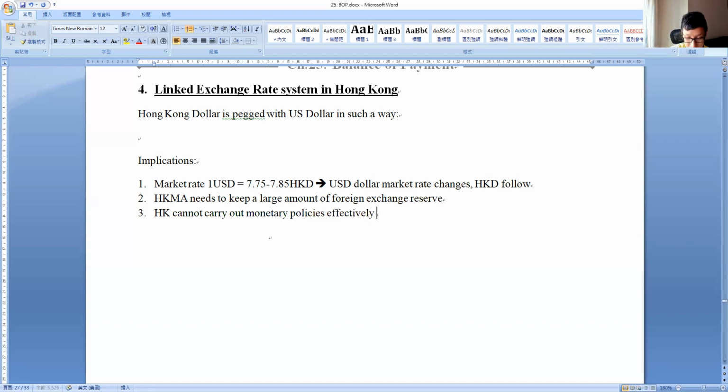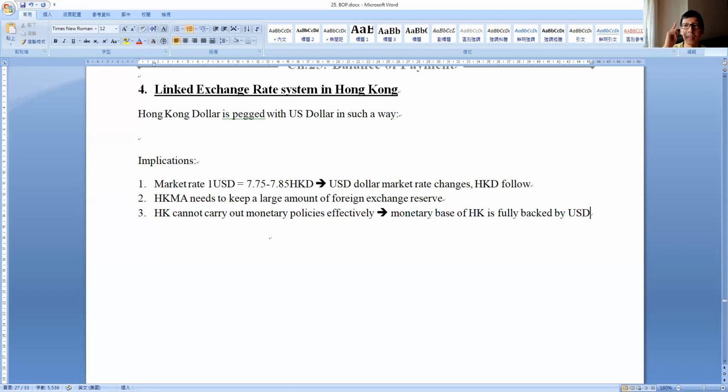In fact, it is equally well to say the monetary base of Hong Kong is fully backed by USD. Because remember, on the left side of our diagram, the HKMA always needs 1 to 7.8 in order to issue currency. You need to pay the corresponding amounts of USD. This is how the linked exchange rate system works.